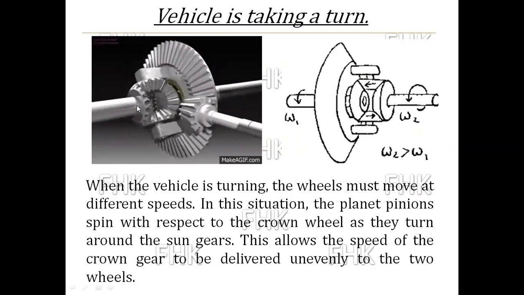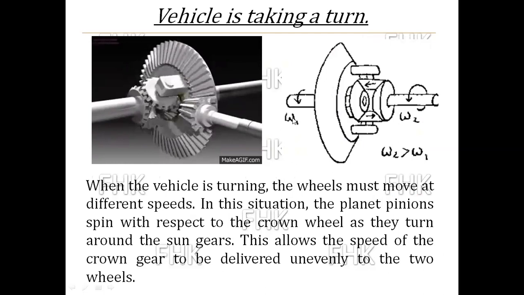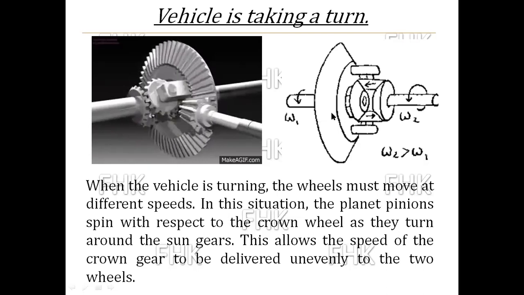So the speed of the left-hand wheel, omega 1, is less than omega 2. Due to this, both wheels have different angular velocities.